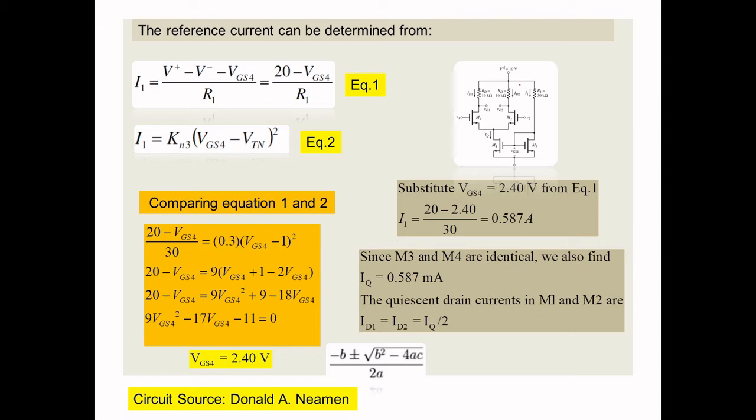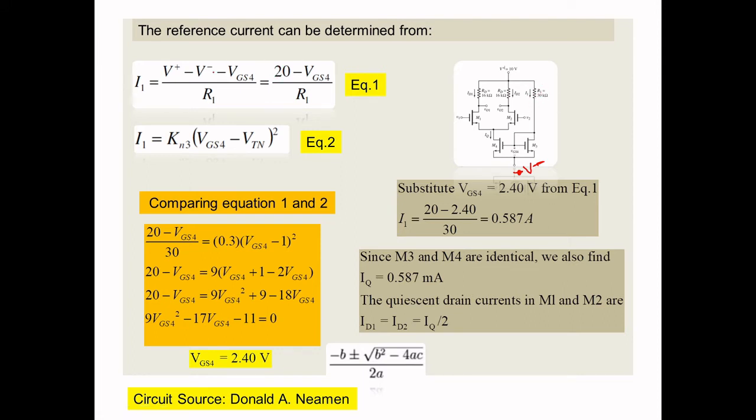Here they have started by finding the I1 current. The I1 current is the current flowing in the M3 transistor. One method to find the I1 current is through the drop. It is 10 minus minus 10, that is V plus minus V minus, the dual power supply, then minus this VGS, divided by this particular resistor R1.